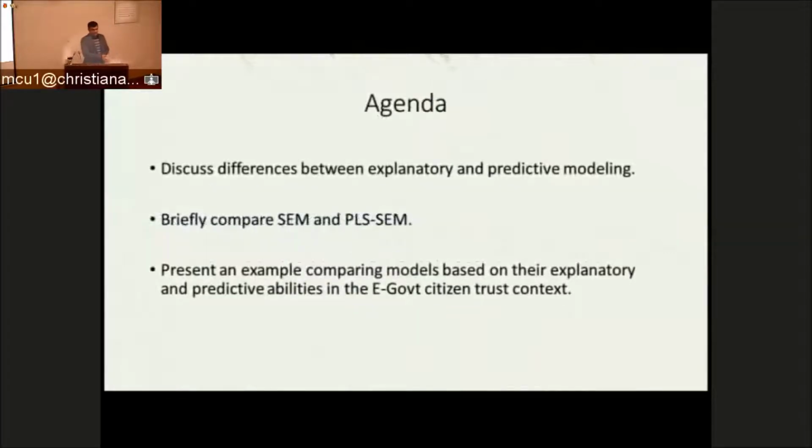So the agenda for the talk today is differences between explanatory and predictive modeling. Briefly compare SEM, which Ryan talked about earlier, to PLS-SEM, looking at the strengths and weaknesses of both these techniques. And then I'm going to present an example comparing the models on their explanatory and predictive abilities in the e-government citizen trust context.